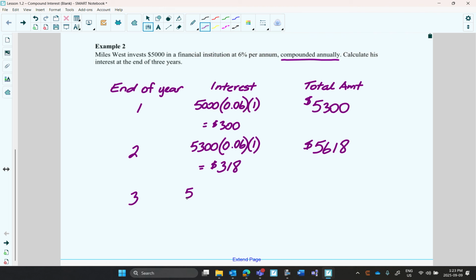But I'm not going to calculate interest on 5,000 because he's got 5,618 in there, right? He's got more than 5,000 because he made money. So 5,618 times 6% times 1, because it's only 1 year. And that will give us $337.08. Notice he made a little bit more interest.